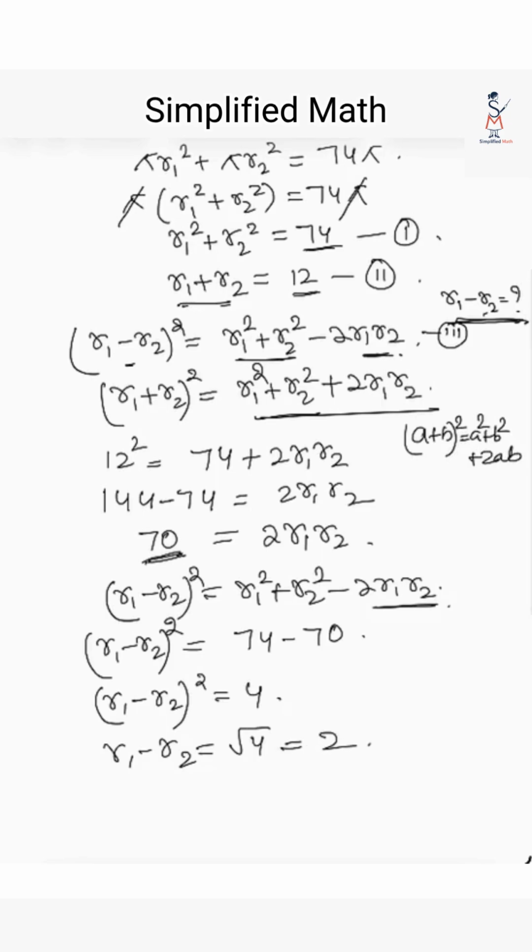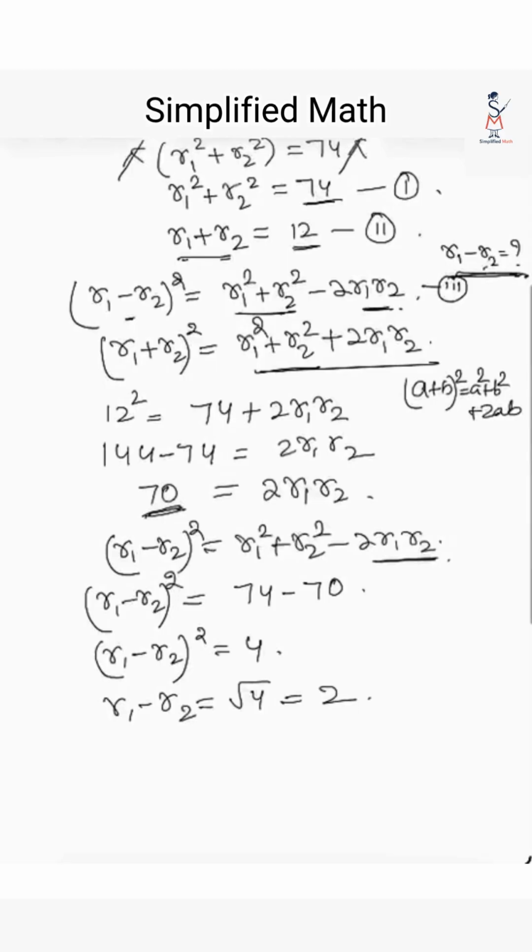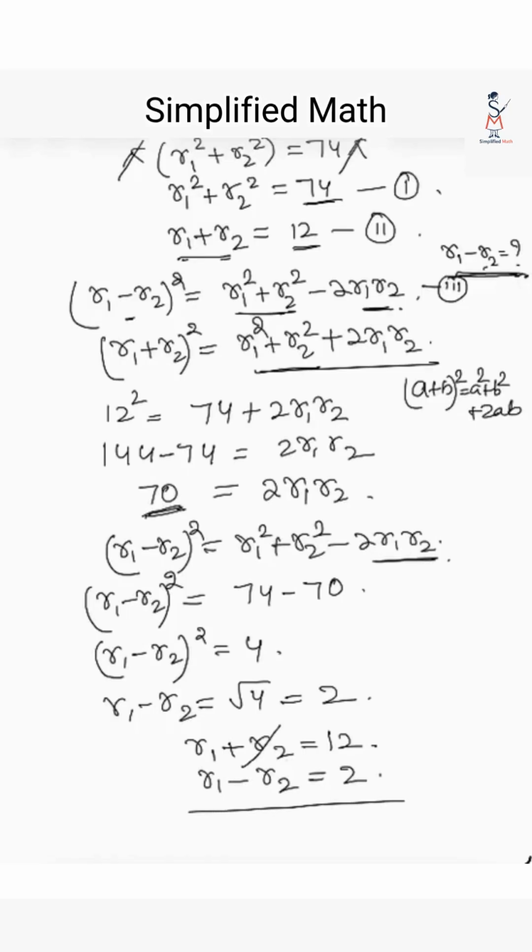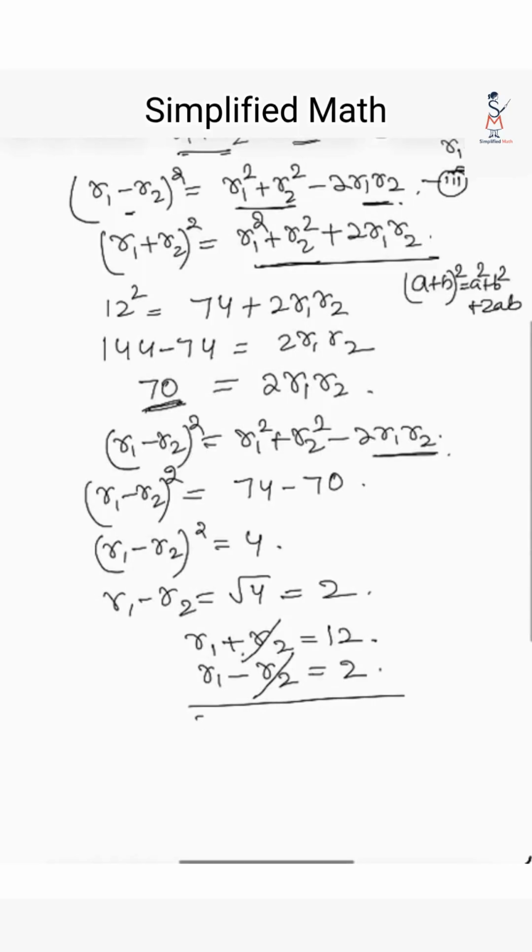So we got R1 minus R2 and we have R1 plus R2 also. R1 plus R2 is 12 and R1 minus R2 is 2. So we will solve this simultaneously by eliminating R2, since plus and minus R2 becomes 0, and R1 plus R1, 2R1, is equal to 14. R1 is 14 by 2, that is 7 centimeter.